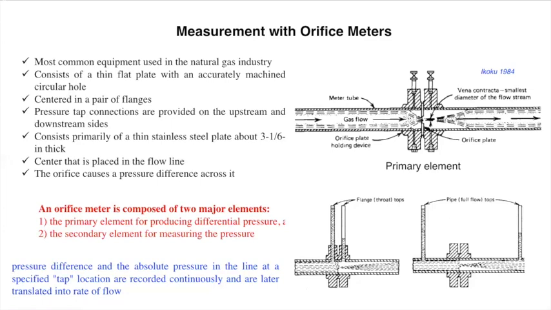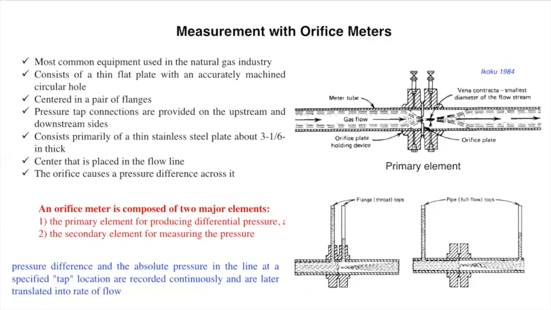The secondary element is used for measuring the pressure. Here the secondary element is the pressure taps, right? In this way the primary and secondary elements are defined. The purpose of the primary element is to create the differential pressure, and once it is created, you can measure the pressure differential, right?